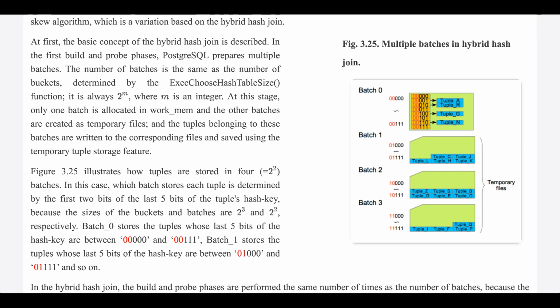Because the sizes of the buckets and batches are 2 to the 3rd and 2 to the 2nd respectively, batch 0 stores the tuples whose last 5 bits of the hash key are between 00000 and 00111. Batch 1 stores the tuples whose last 5 bits of the hash key are between 01000 and 01111, and so on.